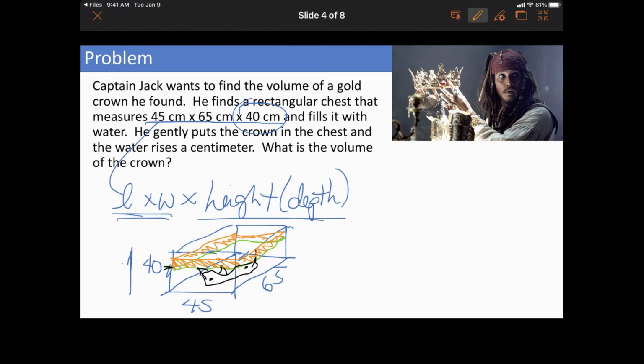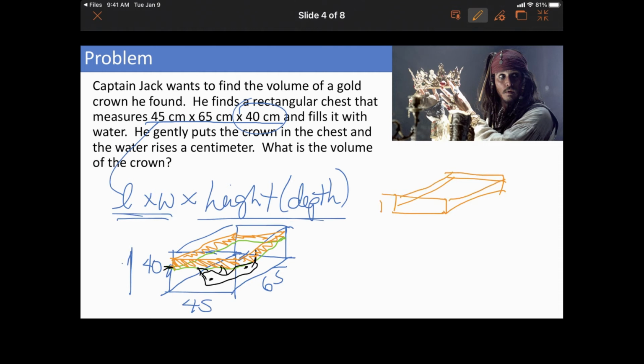So for this one, because it just tells me how much it rose, I didn't need to know how much it started with or how much it ended with, because no matter what, if I was given that and subtracted it, it would still be just 1 centimeter. So it's just the change of water. So really, the rectangle that we're looking at of water is this, right?